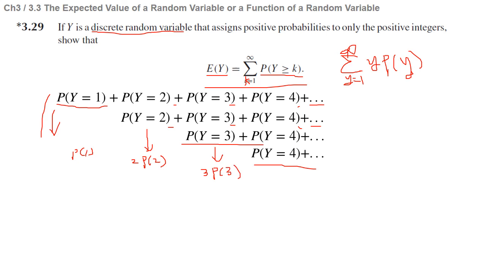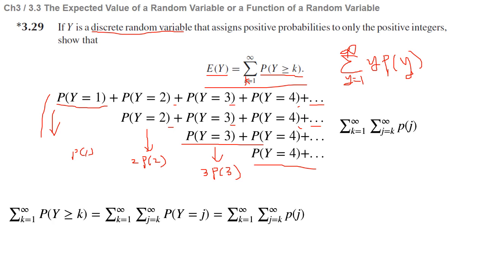So you may get it. If you sum up this way, then that's exactly the definition of E[Y], summing up y from 1 to infinity of y times p(y). So that's the solution for this problem.